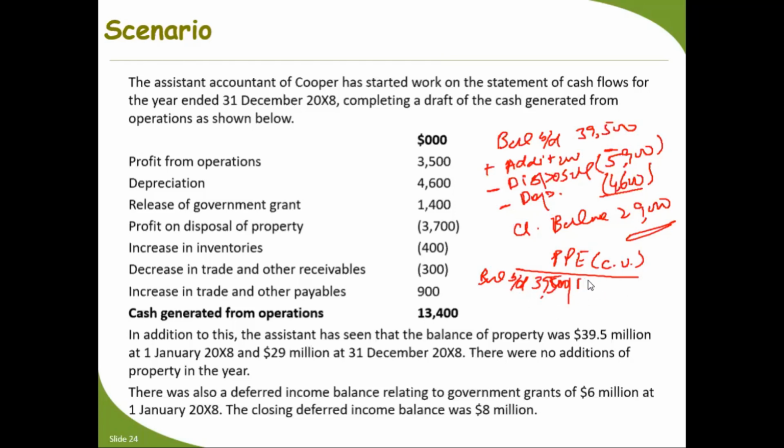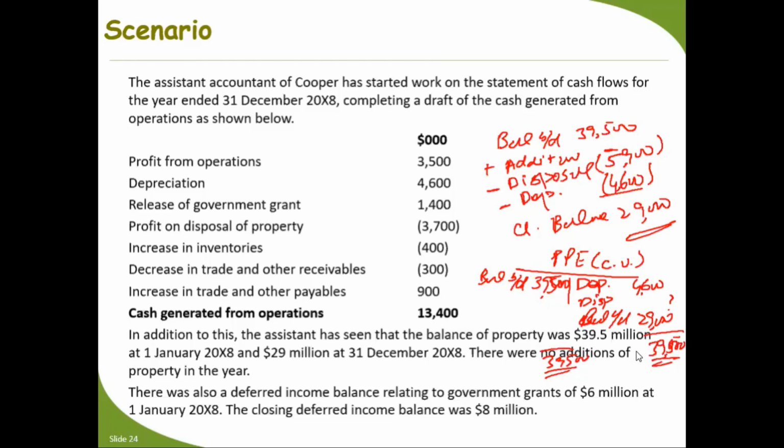Credit side, depreciation 4,600, disposal, balancing figure, then balance carried down 29,000. So if we balance both sides, it would be 39,500, 39,500.